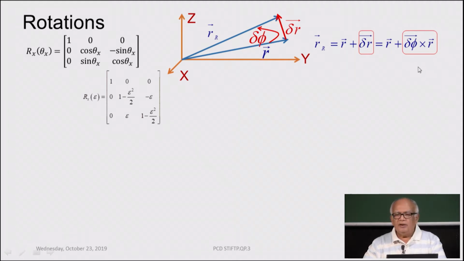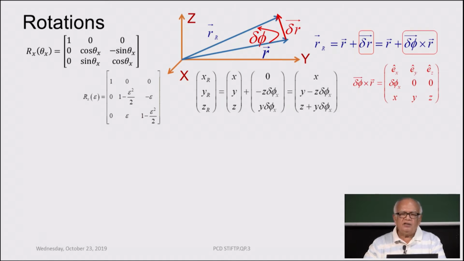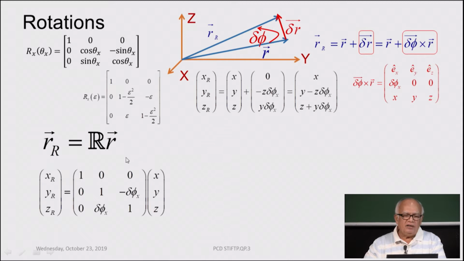Right. So, you can write this cross product as a determinant, and you can write the transformation from x, y, z to the rotated coordinates x_r, y_r, z_r through this matrix equation, and you can write this matrix as 1 0 0, 0 1 minus delta phi, and 0 delta phi 1, because this is the rotation matrix for rotation about the x axis.